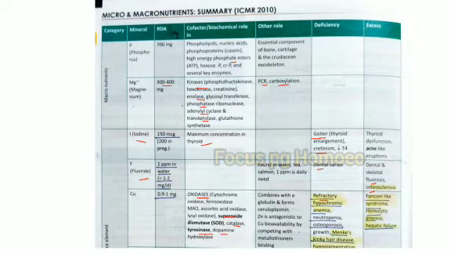Next is fluoride. Its requirement is 1 ppm in water, that is 1 to 2 milligrams per day. It is found in water, tea, salmon, and its deficiency leads to dental caries, and excess leads to dental skeletal fluorosis and osteosclerosis. Next is copper. Its daily requirement is 0.9 to 1 milligrams.